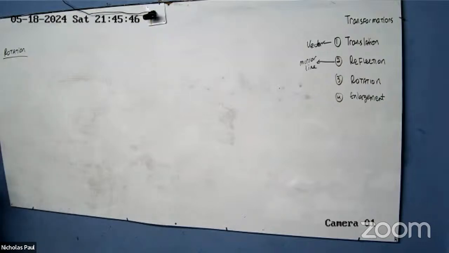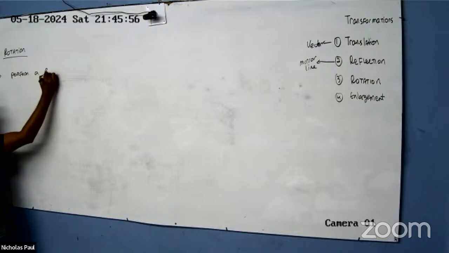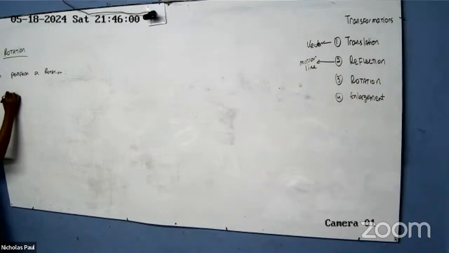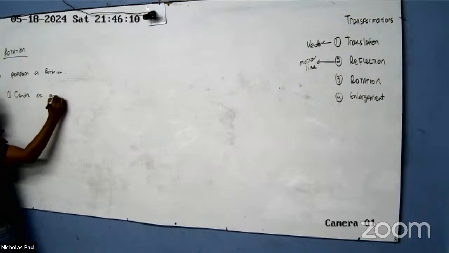Now for rotation, to perform a rotation, here's what we need. Number one, we need the center of rotation. We need the point that we're doing the rotation from.